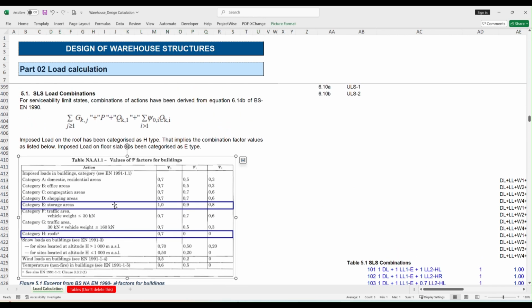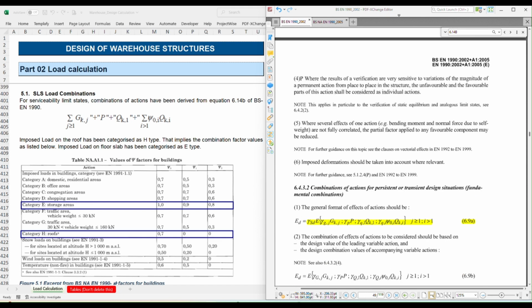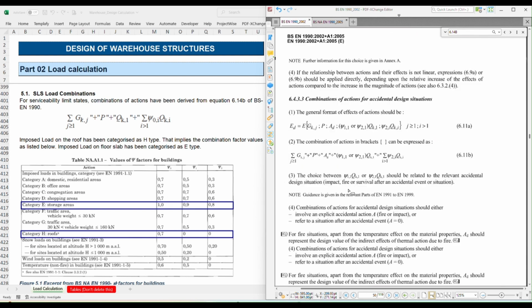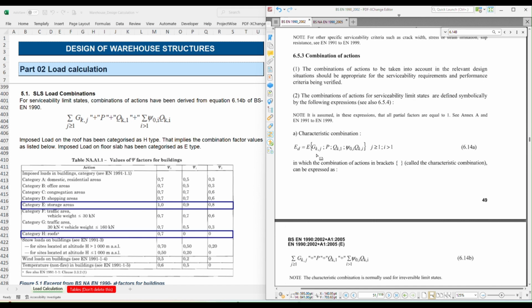This table we have extracted from EN 1990 with the national annex of the UK. On the right-hand side you can see the equations, which we have taken from, and generally this 6.14 we need to find out from here.